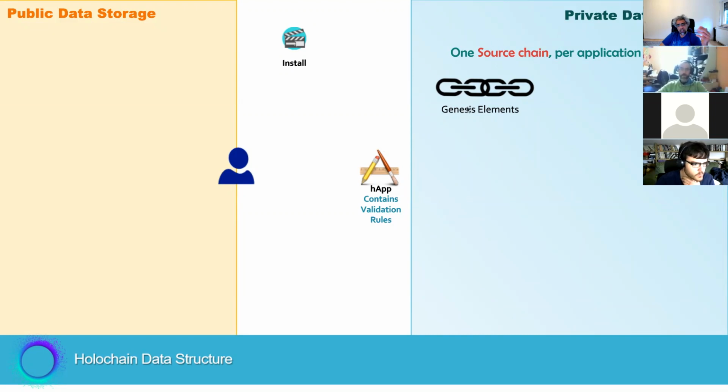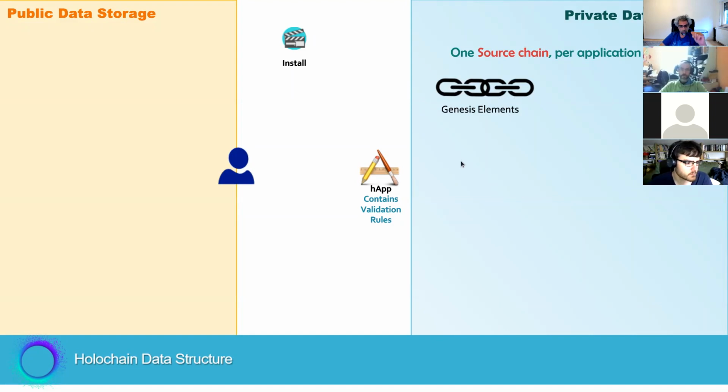We call it private data because the data here never leaves your device. So when you install the chain, a DNA is going to be created with these 4 elements. What are they? Let's postpone that for later. What are these elements, what is their job? You will see.